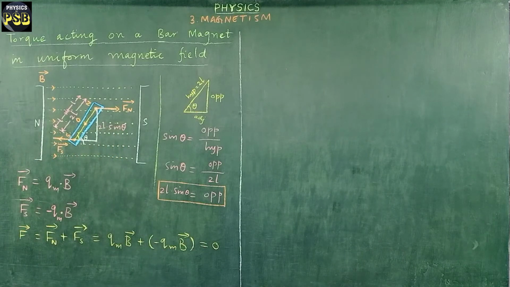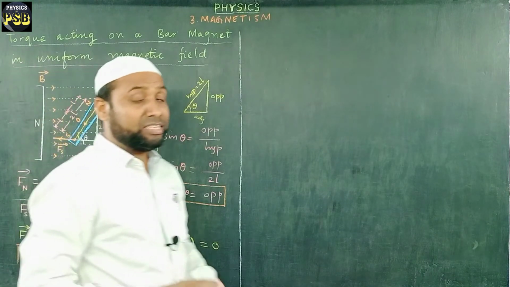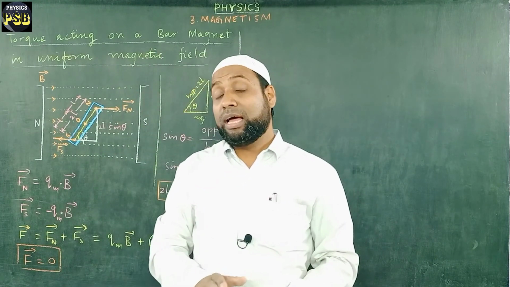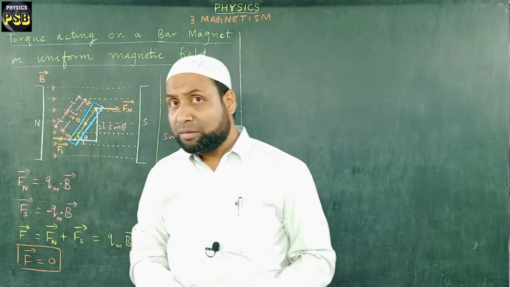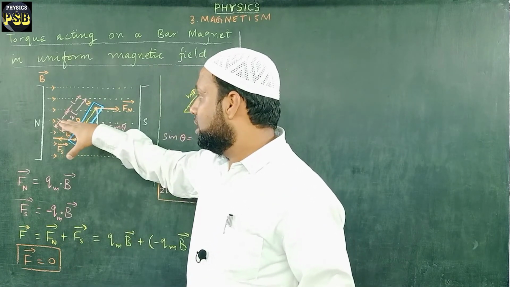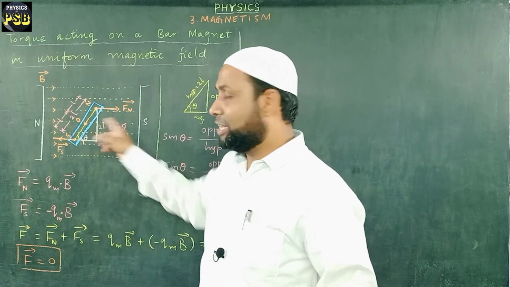Here the net force acting on the bar magnet placed in uniform magnetic field is 0. So it doesn't show any kind of translatory motion. Translatory means movement in a line.